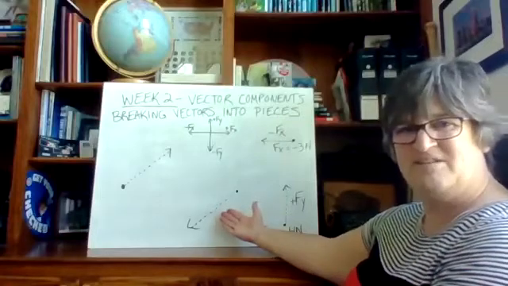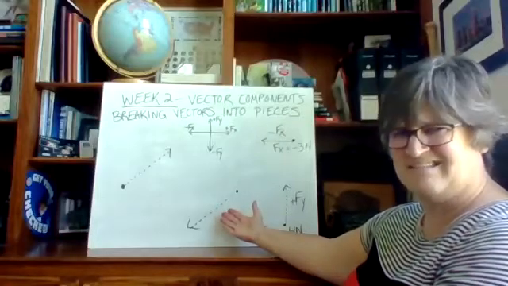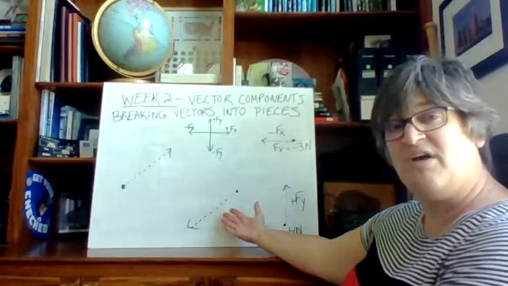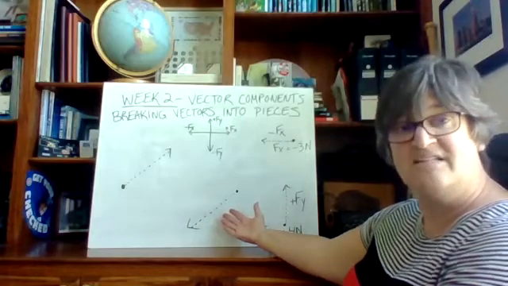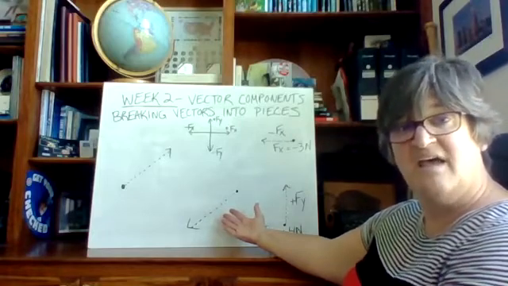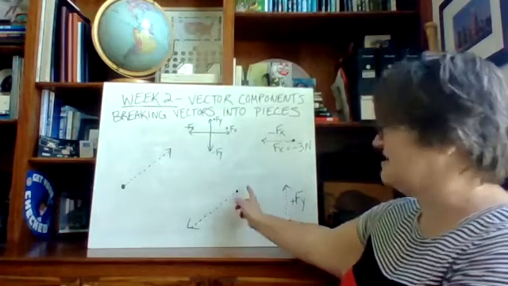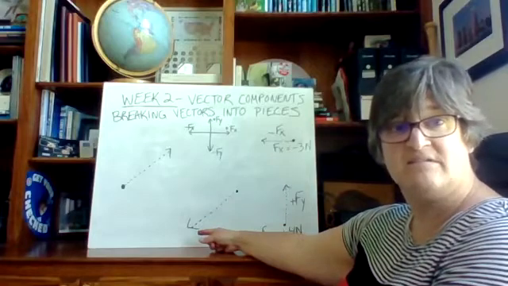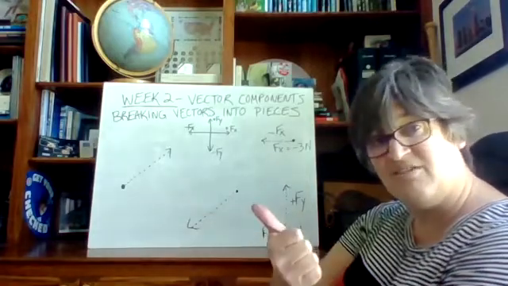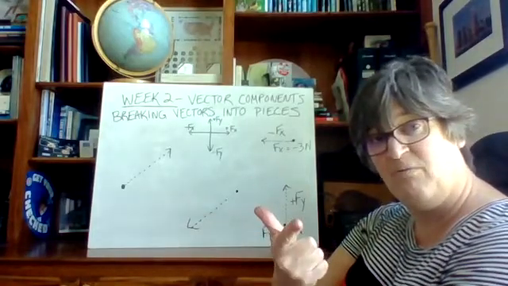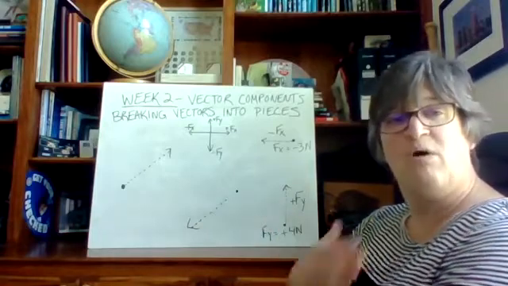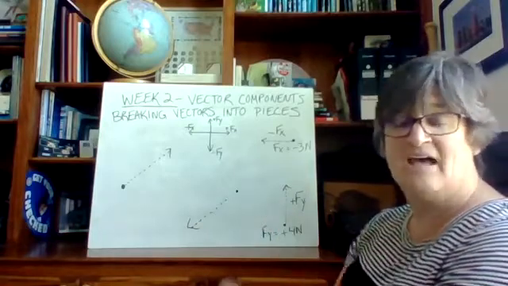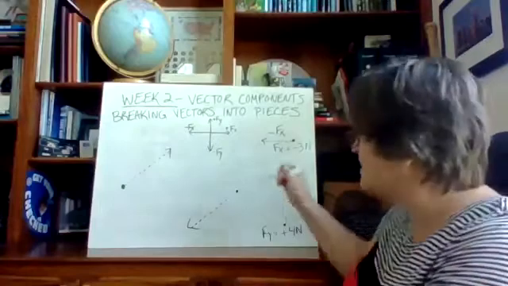Now, what happens when you have something like this that's a diagonal line? Well, when you have a diagonal line, you need to break that up into pieces. If I were doing directions and I asked you which way that was pointing, you would say southwest. So in other words, it has a southern portion to it and a western portion to it. Well, we're not going to use south and west. We're going to use x's and y's.